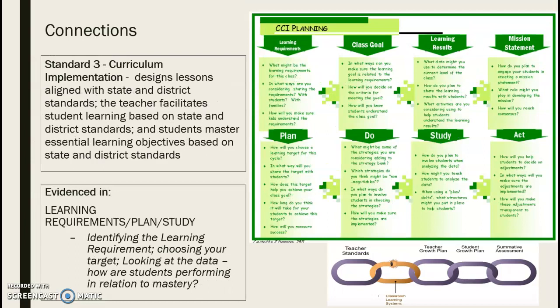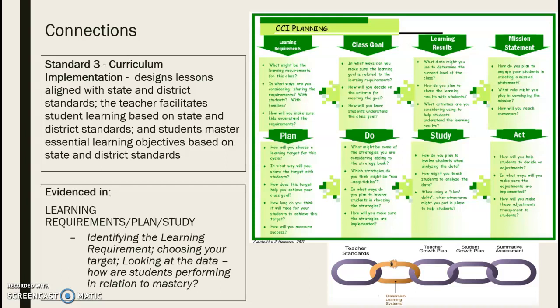Standard 3 is curriculum implementation. And this is where you're designing your lessons, again, aligned to those standards. You're going to make sure that students are mastering that learning that is dictated through the standards based on looking at your data. So this is evidenced through the learning requirements. Again, those are the standards.